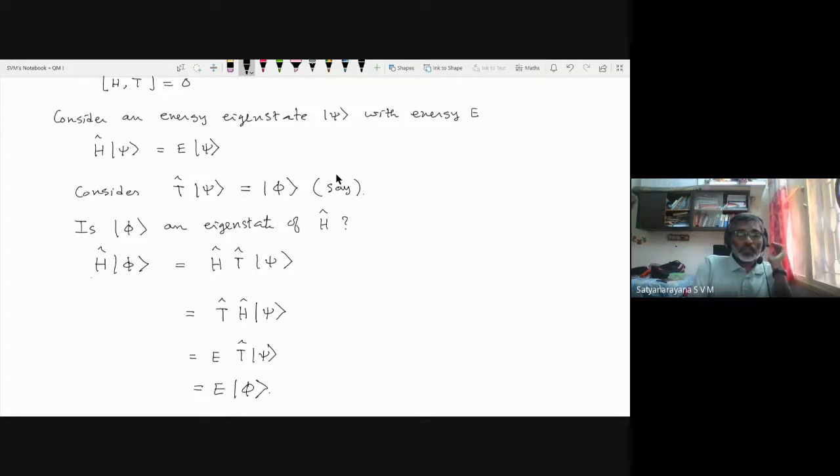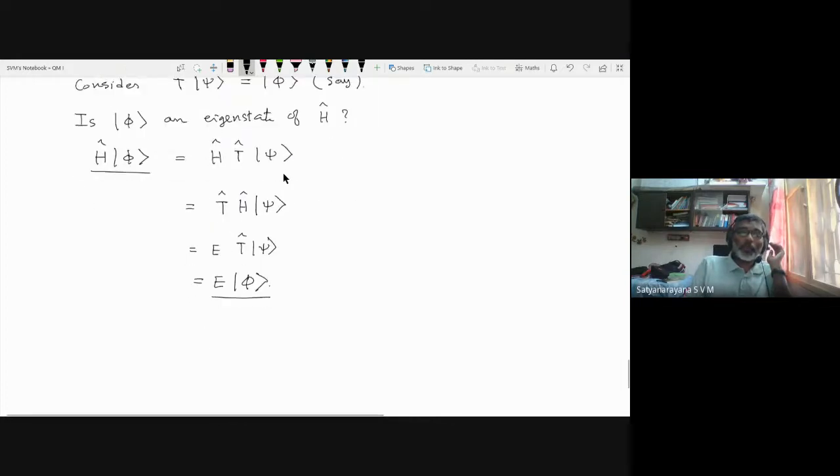I started with the action of H on phi and came to the conclusion that it is E phi. That means the answer is yes, phi is an eigenstate of H with the same eigenvalue E.